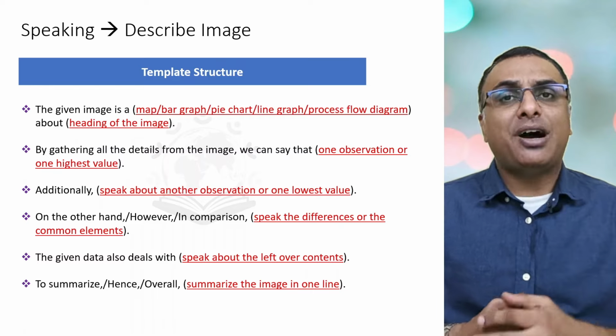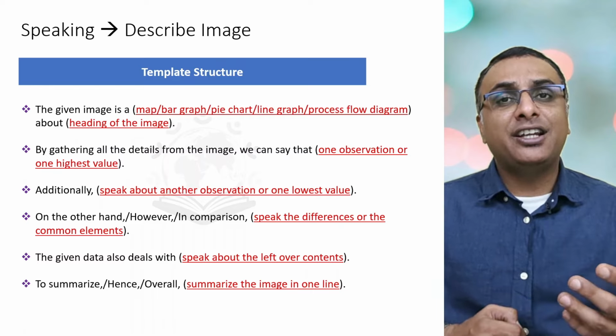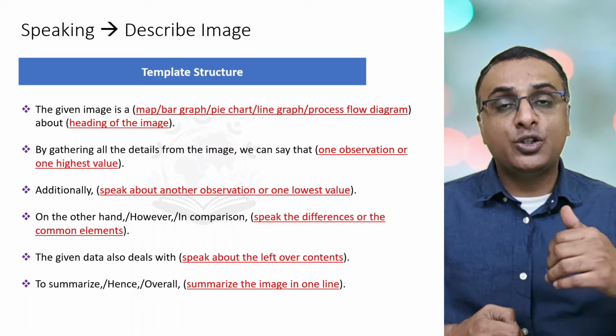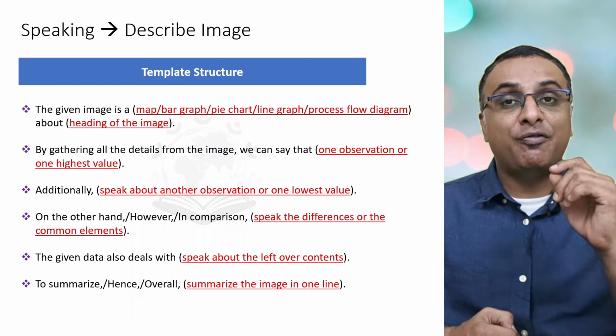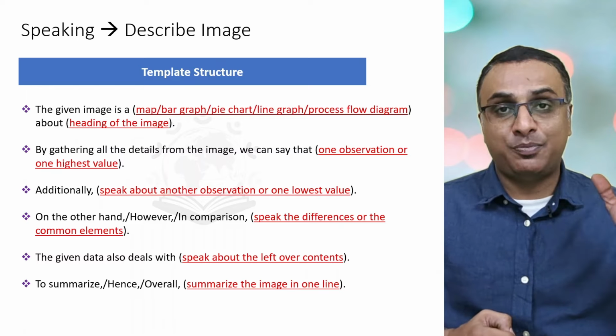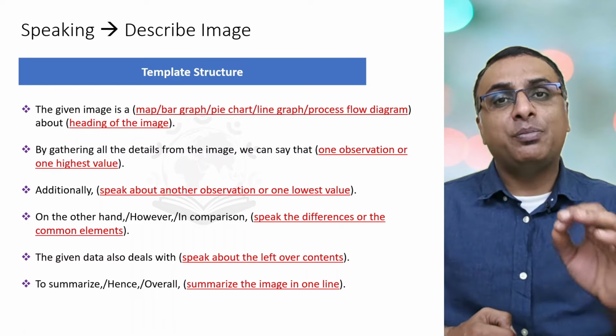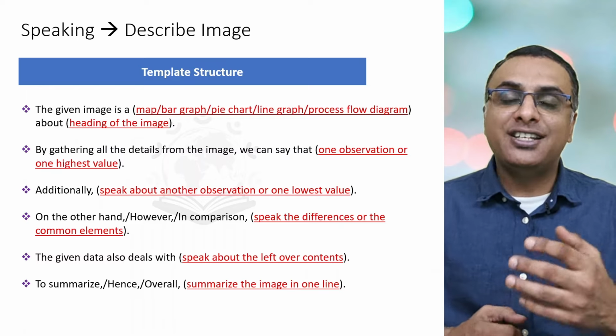If you get 0 marks for content, automatically your oral fluency and pronunciation marks will also become 0, even if you have maintained your fluency throughout the response. Hence, you will get 0 marks for that particular describe image question.